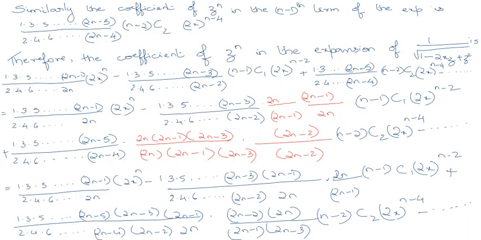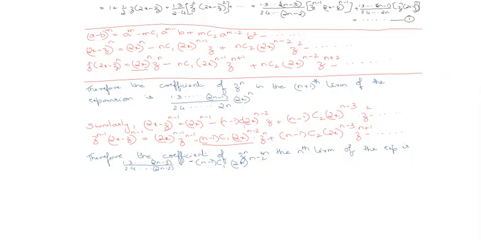That is written here. So now we understood the fashion in which it is coming, isn't it? First term is 1 into 2 into etc. to n minus 1 divided by 2 into 4 into etc. to n into 2x raised to n. Next one is 1 into 3 into etc. to n minus 3, 2 into 4 into etc. to n minus 2.